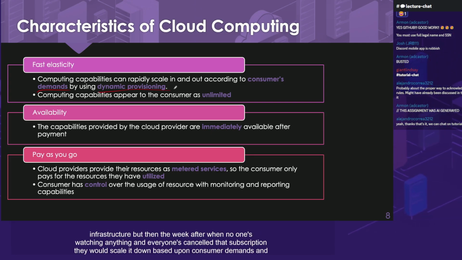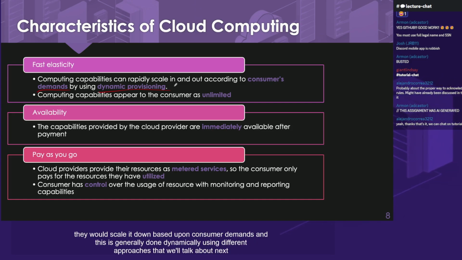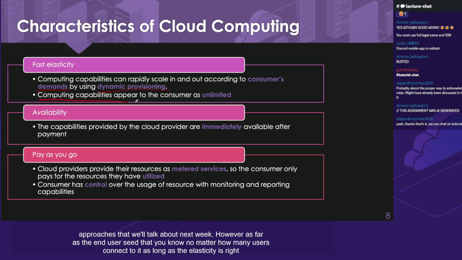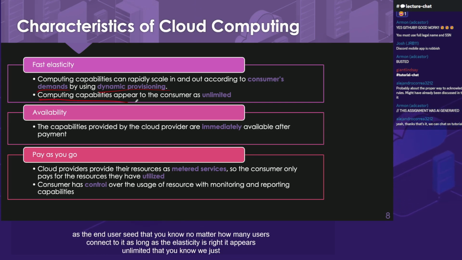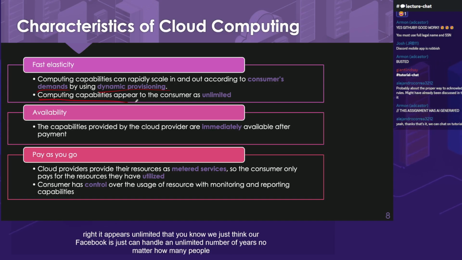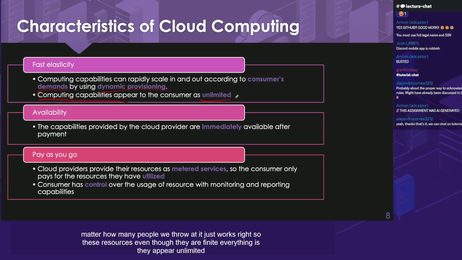And this is generally done dynamically using different approaches that we'll talk about next week. However, as far as the end user sees it, no matter how many users connect to it, as long as the elasticity is right, it appears unlimited. That we just think, oh, Facebook just can handle an unlimited number of users. No matter how many people we throw at it, it just works, right? So these resources, even though they are finite, everything is, they appear unlimited to the end user.